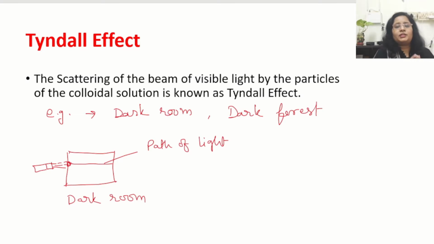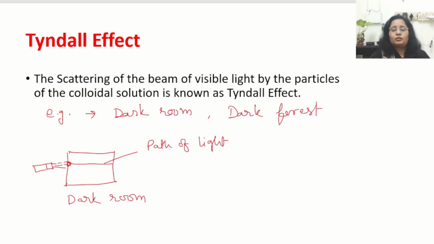Imagine a very dark room with a hole, and a light source coming through that hole into the dark room. What can we see? We can see a fine, sun-ray type of light, called the path of light, coming from that hole. And if we look closely, we can see the dust particles in that beam of light. What is that?